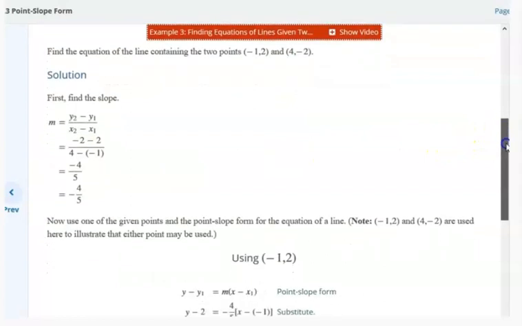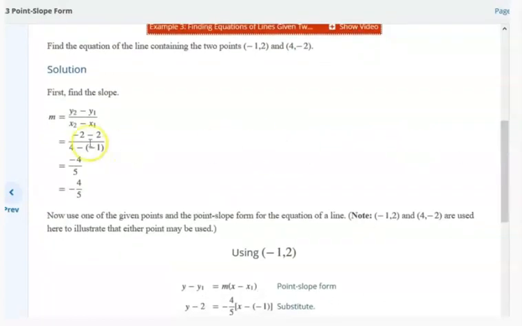So rather than my writing it out, we can just copy it from here, save us a little time. This was a technique we did in an earlier lesson. Now, the key is once you find the slope, and I'll pick up from there, and we're saying now the slope is a negative 4/5.